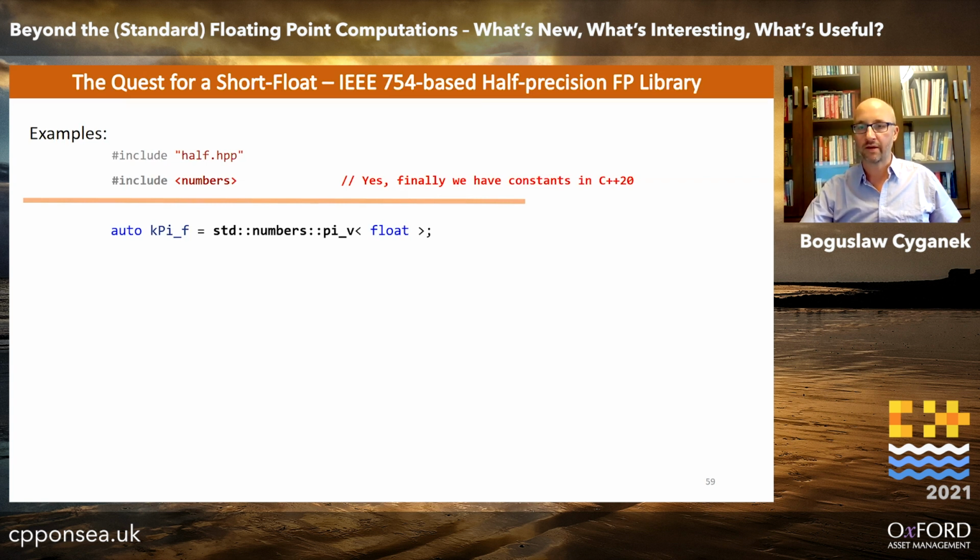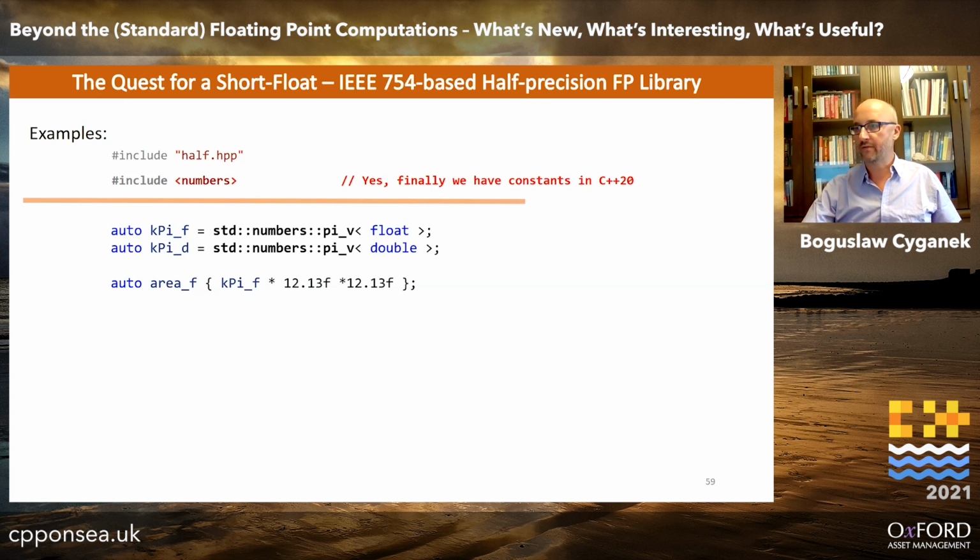So to compare computations with half and with float and double, we can define pi for float and double. Certainly they can be const or constexpr in this case. And we can compute area like this, from the previous example, with the same radius values as previously used.